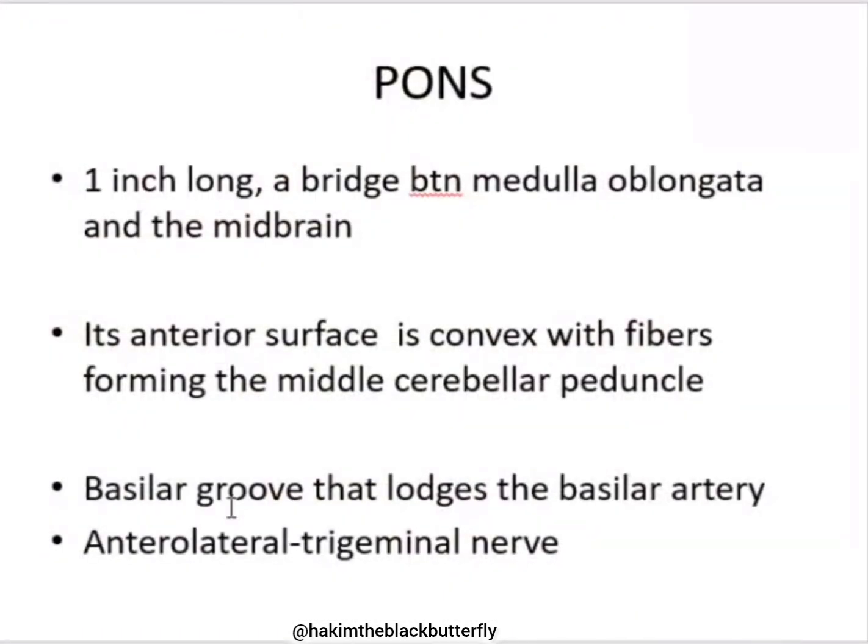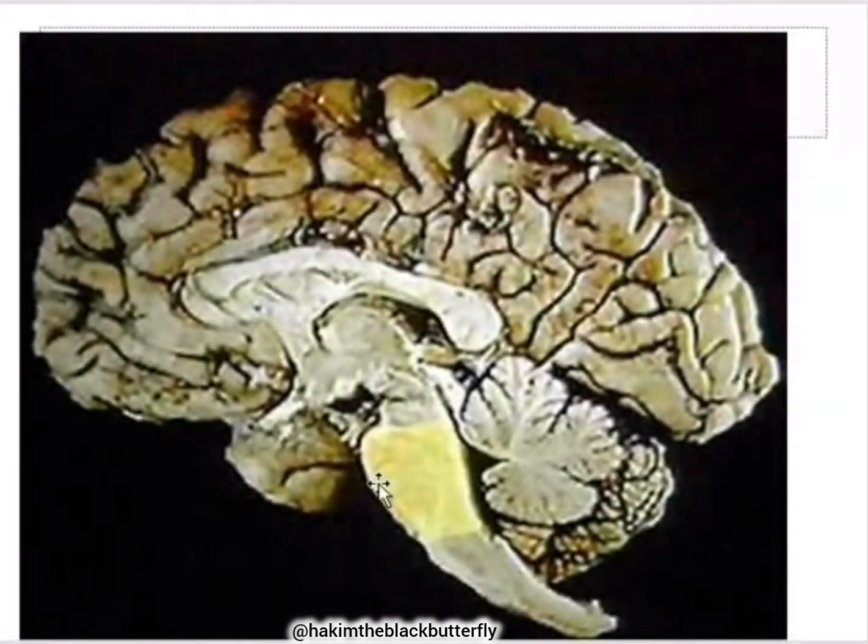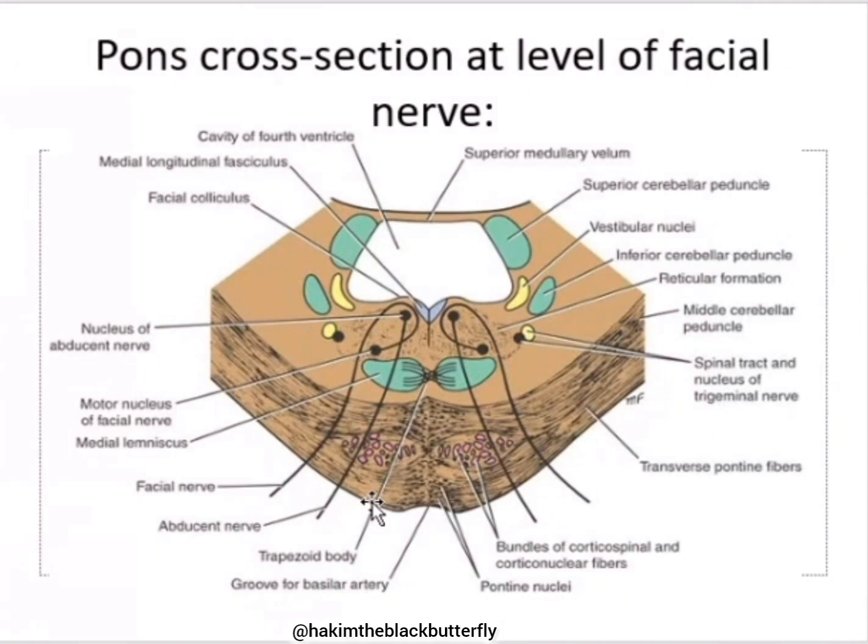So that is the part of the brainstem known as the pons. Superior to it is the midbrain. Inferior to it, you have the medulla oblongata.